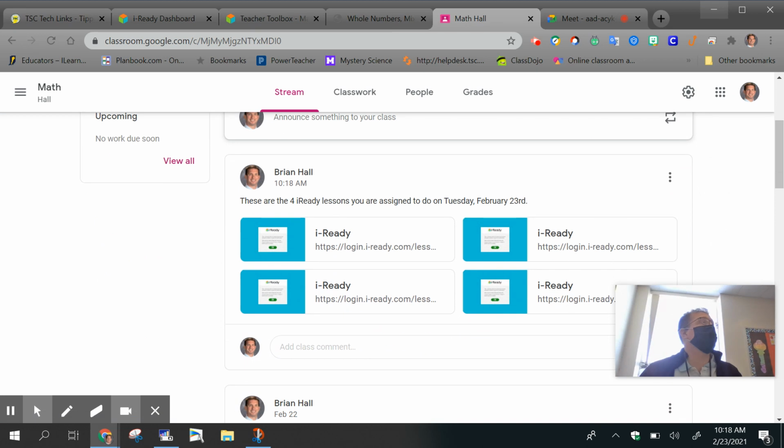We're not having a test over 13B, because I feel like you guys understand how to do this. You have a pretty good grip on it. And for the next 4 weeks, pretty much, we're going to be doing fractions, so we'll have plenty of time to take tests on fractions.